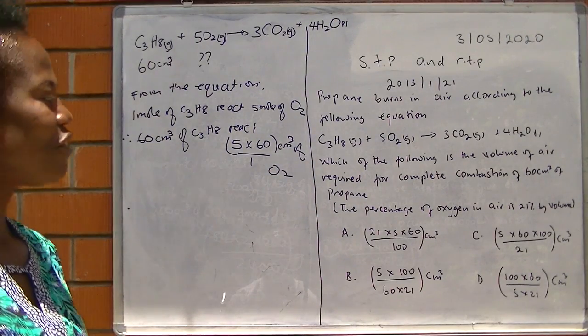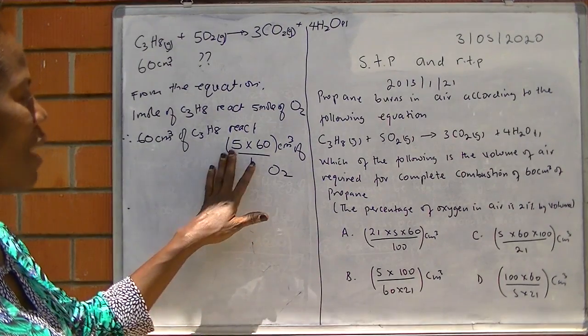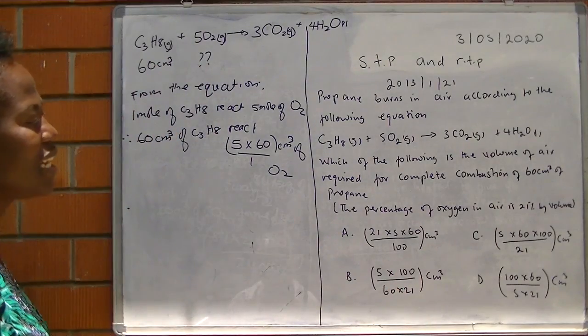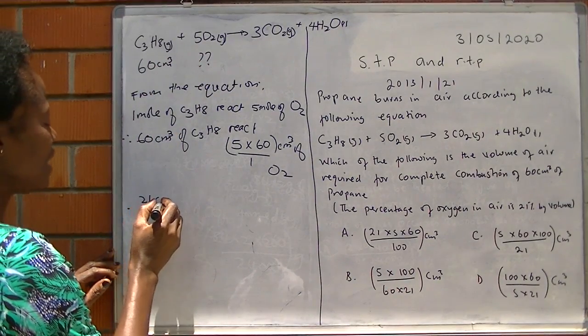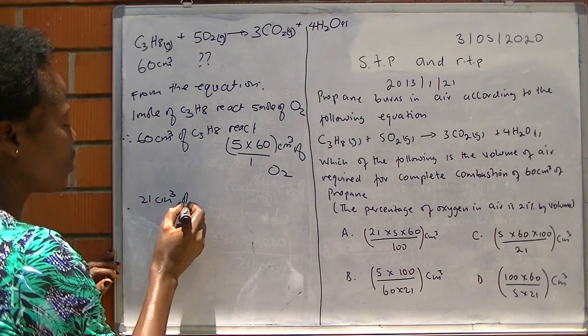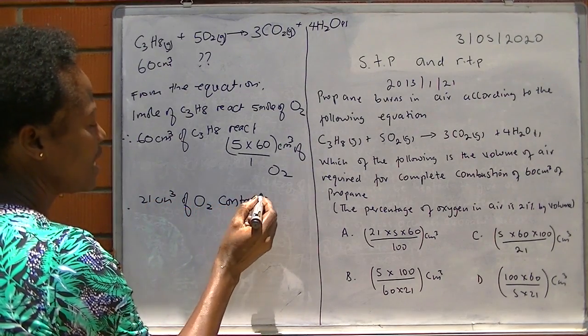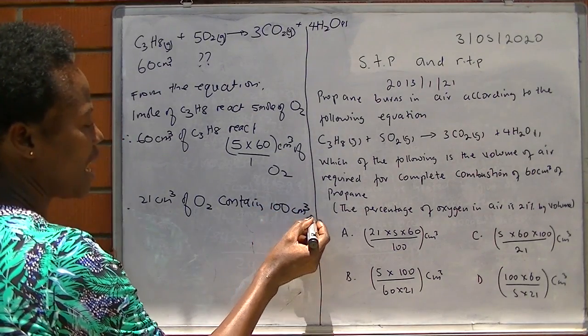So we have to go and find out the volume of air used that contained this much. We are told the percentage of oxygen in air is only 21%. So 21 cubic centimeters of oxygen is found in 100 cubic centimeters of the air.